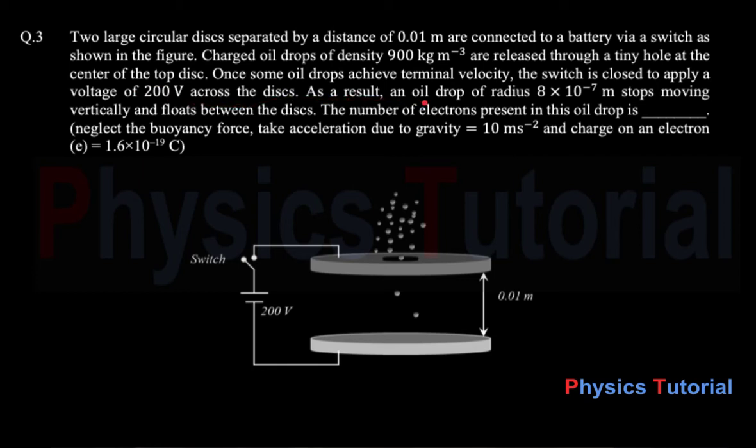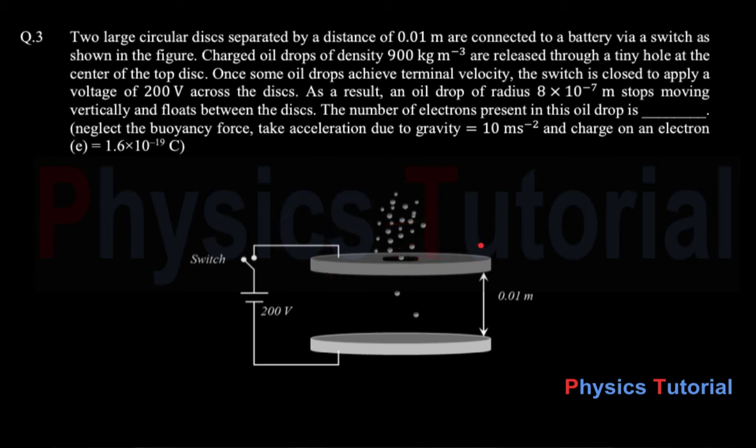As a result, an oil drop of radius 8 into 10 power minus 7 meters stops moving vertically and floats between the discs. The number of electrons present in the oil drop is, neglect the buoyancy force, take acceleration due to gravity 10 meter per second square. The charge of an electron is given 1.6 into 10 power minus 19 coulomb.